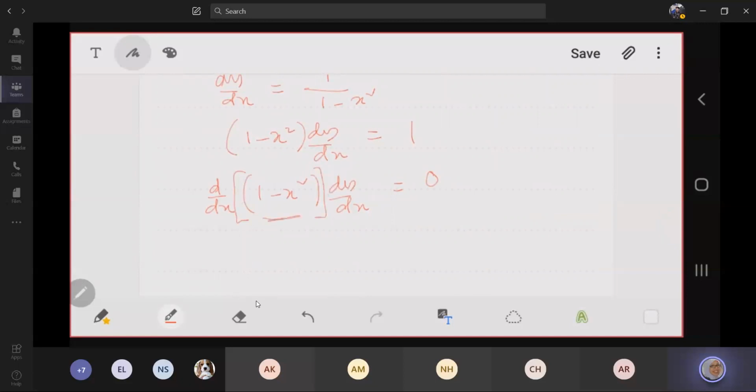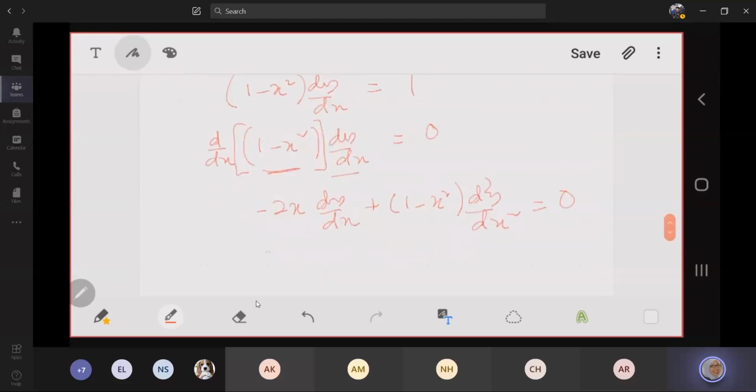This one is a product of two functions. So differentiate this, you get minus 2x dy by dx. And then keep 1 minus x squared and differentiate that, you get d squared y by dx squared. That is equal to 0.